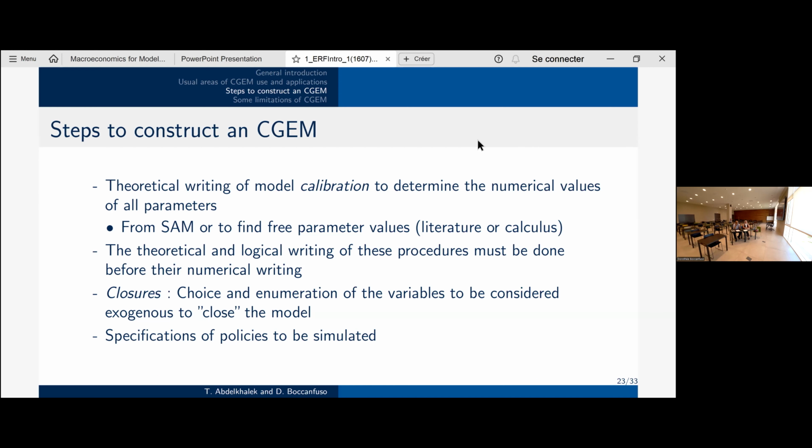When we do simulation in a CGE model, the simulation can only be done through the exogenous variables, or sometimes through some parameters in a sensitivity analysis. So the closure in a CGE model is the way we fix some exogenous variables to have a square model, where the number of equations equals the number of variables.